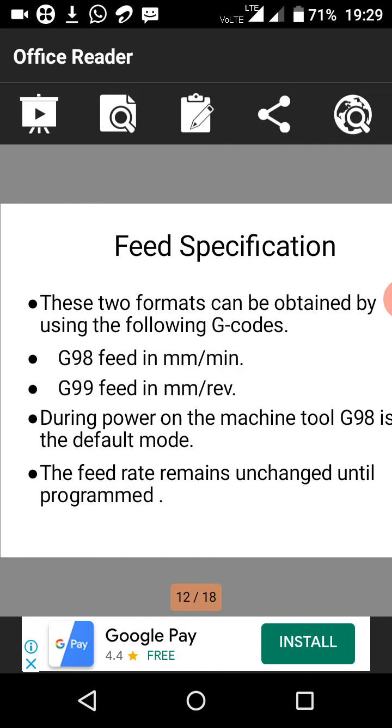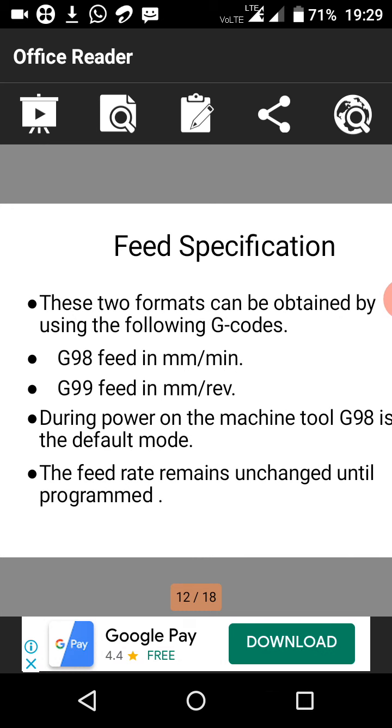Next, feed specification with G codes. The two formats are obtained with G codes in two different ways, as we have written for speed. Here G98 is for mm per minute and G99 is for mm per revolution.